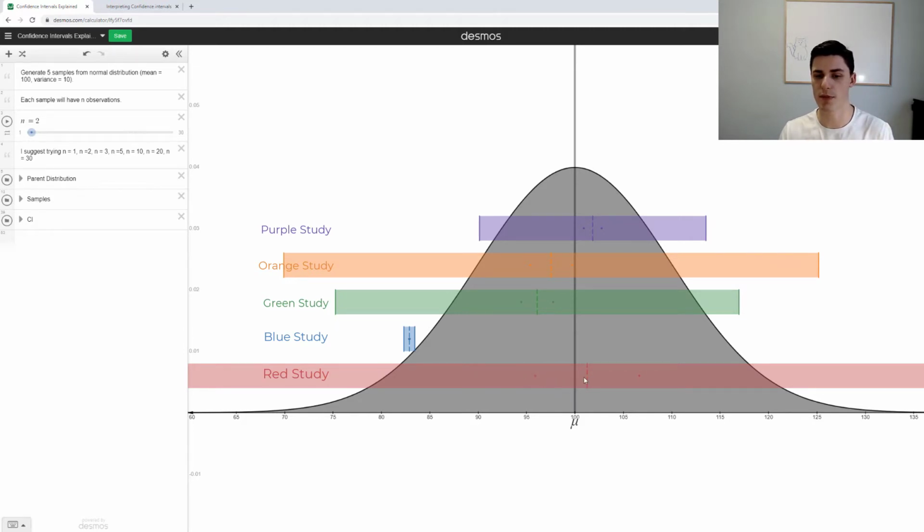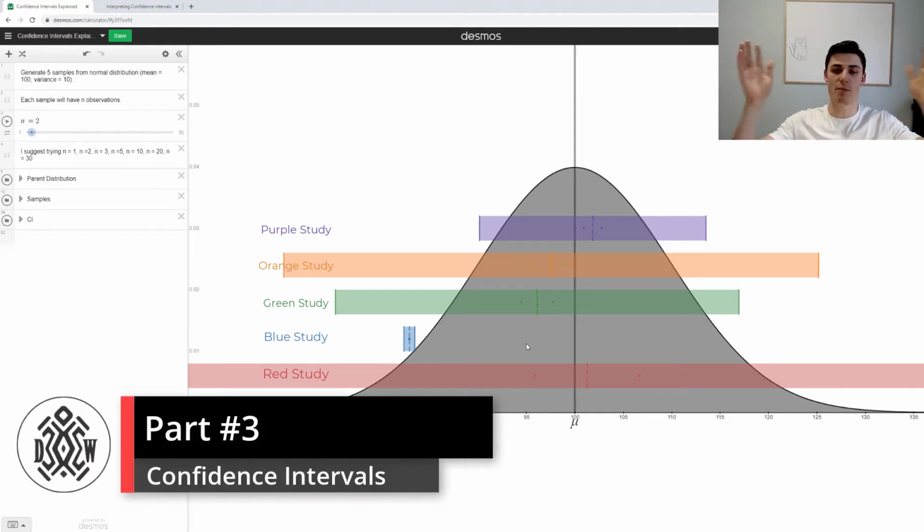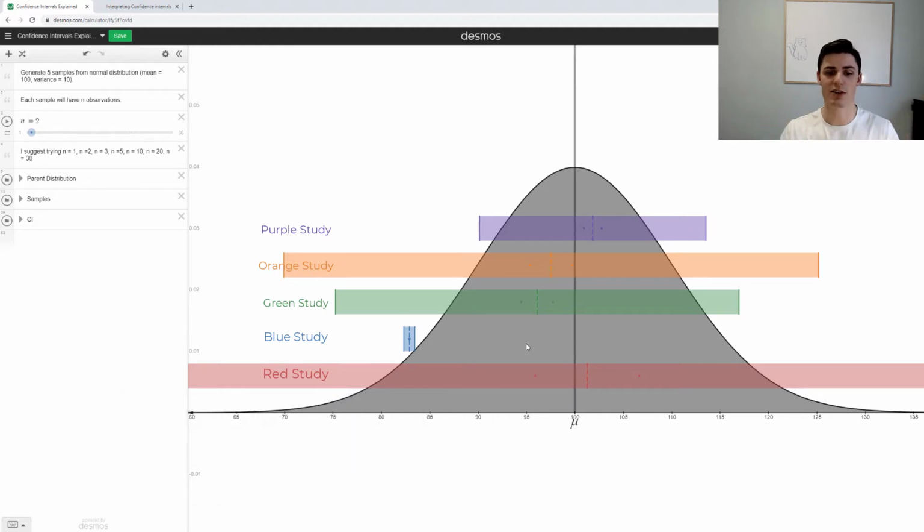It's basically the middle of the 2 points. So here, for example, you have 98 and 94. The average is going to be somewhere close to 96, and it is, right? So this is the average, and then what you see, the band, is the 95% confidence interval. So that's the main topic of the video, that's what we're going to explore.